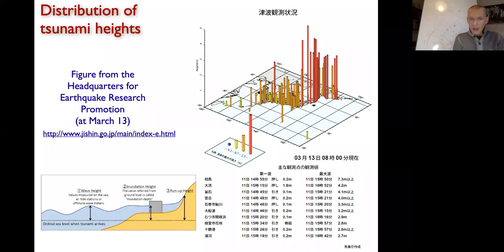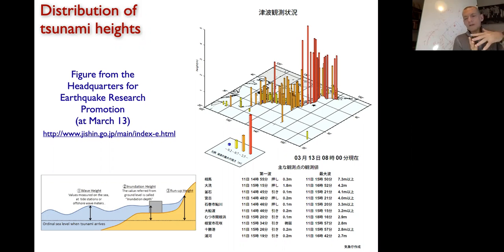Actually, what we call tsunami height is a measure that is done in open sea or open ocean. So it's the height of a wave referred to the average level of the sea, maybe filtered by tides and stuff like that.